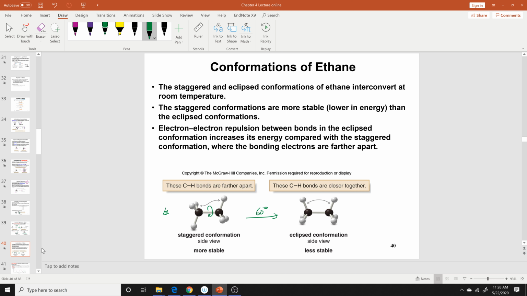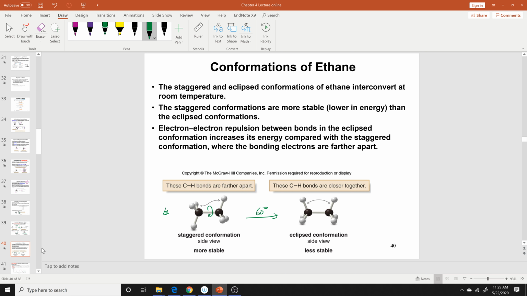The one that has low energy is the one which is more stable. So normally when we talk about stability, stability means a structure that has low energy, and a structure that has low energy should have a low electron repulsion between the bonds. So the less the repulsion between the bonds, the more stable the molecule is, because its energy is going to be less.